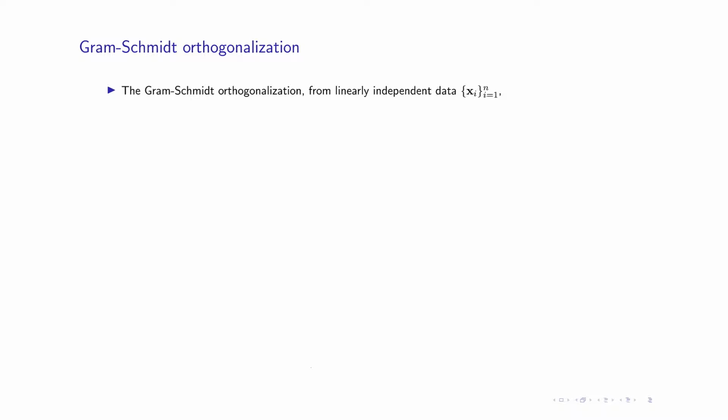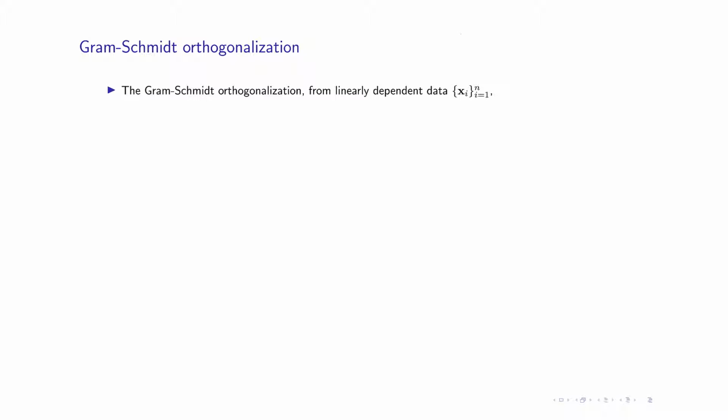So Schmidt orthogonalization is that you have a set of vectors and then you orthogonalize them one by one. In this case, we have a set of linearly dependent data. We want to form a set of orthogonal samples.